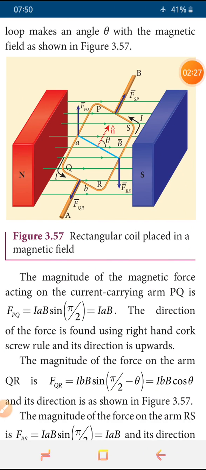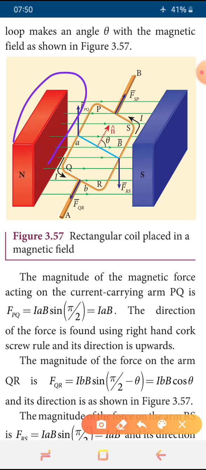This rectangular coil's normal is acting at angle theta with the magnetic field. See here in figure 3.57, the red color denotes the north pole and the blue color the south pole. We know the magnetic lines of force always start from the north pole and go towards the south pole. It is shown in this figure.